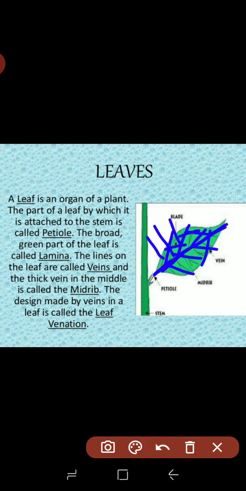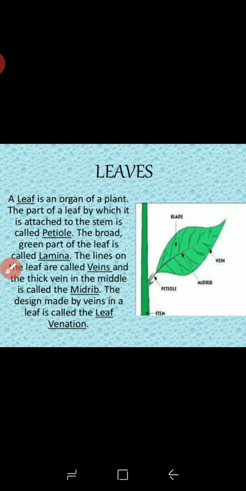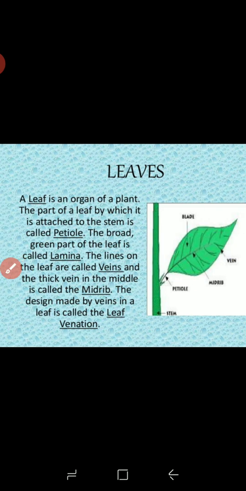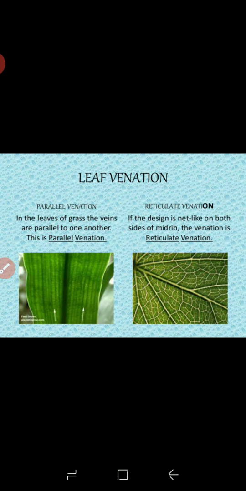Here, this is known as the leaf venation. So there are two kinds of venation, parallel venation and reticulate venation. You can see this kind of venation in lots of leaves of the plants.